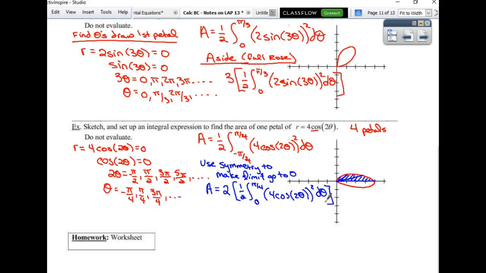Then what does the full thing become? Well, the 2 and the 1/2 would cancel each other out, and I'd just be left with the integral from 0 to pi fourths of 4 cosine 2 theta squared d theta.